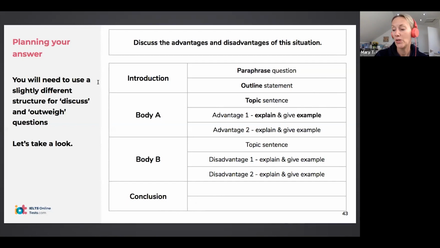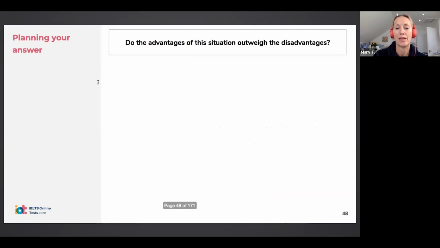And then the conclusion. The first part of the conclusion, that's right, summarize main ideas and give opinion. Give opinion if asked. Sometimes it might say give your opinion, and that's where you would give it. So that is the normal discuss question.